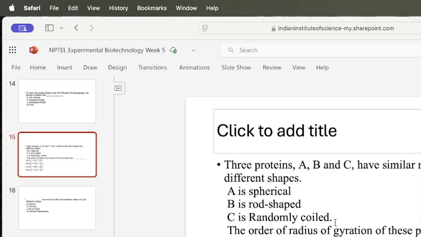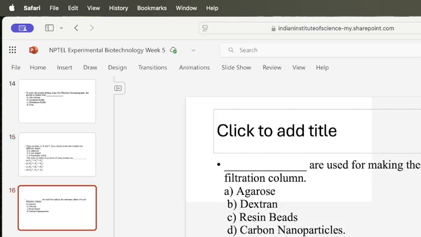So that could possibly explain that it takes multiple conformations, because of which it would have a higher radius of gyration compared to your rod shape. That is why we go with this option, that your spherical protein has the highest radius of gyration, followed by random coil, followed by your rod shape.